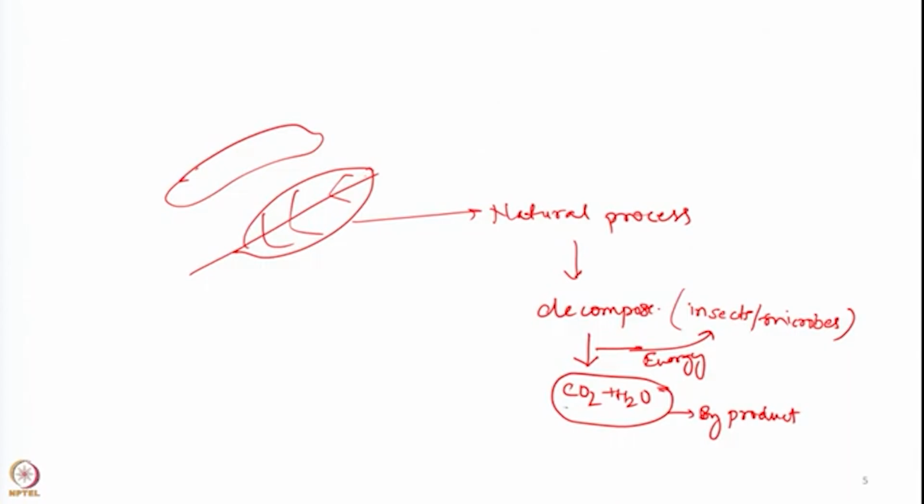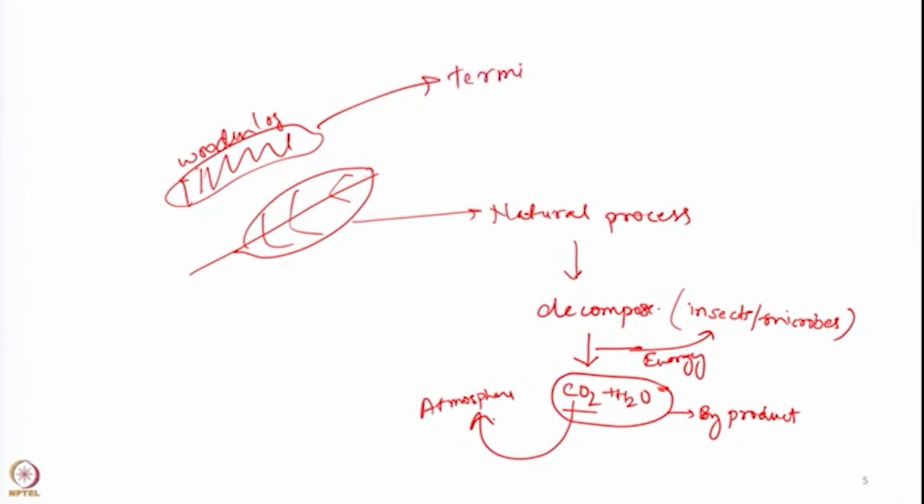So, what we see is this CO2 gets back into the atmosphere. And if this is your dried wooden log, and say it is fed on by termites, the termites will eat your wooden log and they will also release CO2 into the atmosphere.